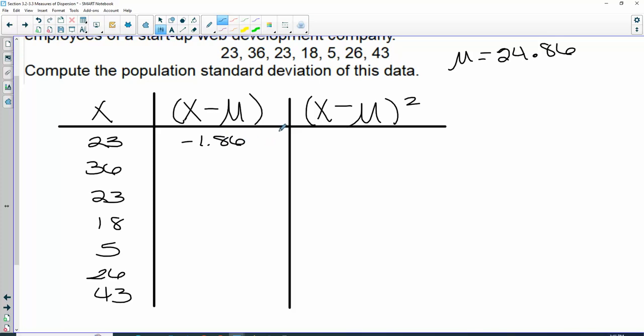And then I'm just going to go ahead and hit square while it's in my calculator. So then I square that. So next one, 36 minus 24.86. And then we square it.